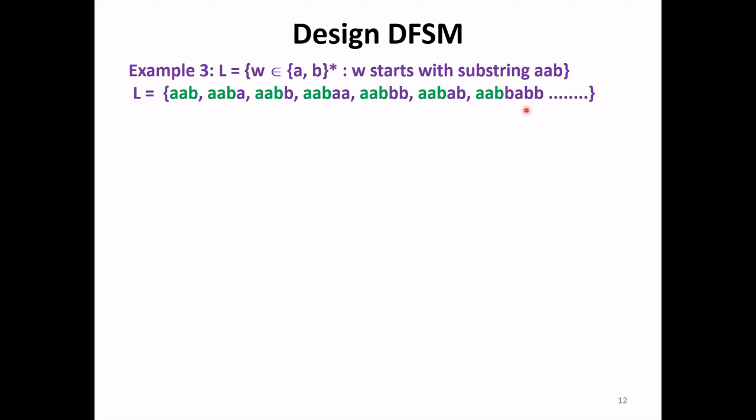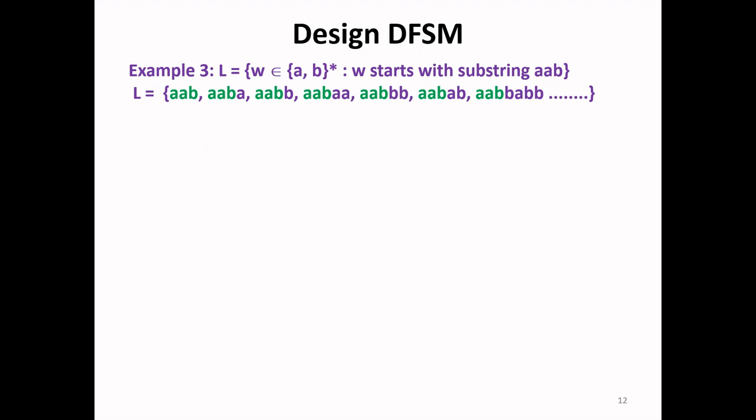So how to construct a DFSM for this language? The first step: the first string in this language is AAB, as we have designed for having a substring ending with AAB.